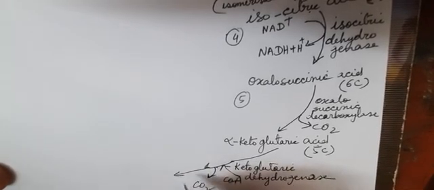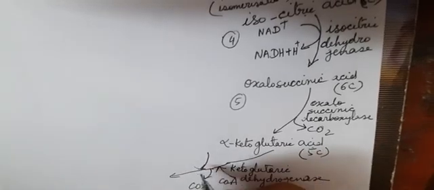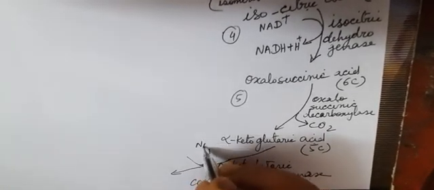Then alpha ketoglutaric acid, in the presence of enzyme ketoglutaric dehydrogenase and in the presence of coenzyme A, it will release CO2, and again there will be the removal of hydrogen ions which will be accepted by NAD.